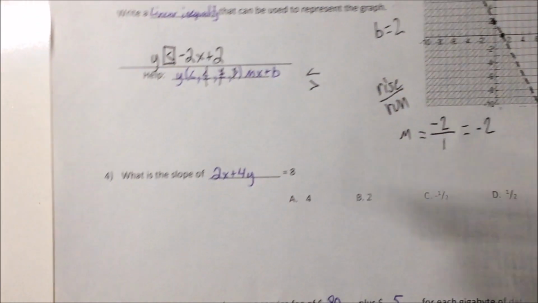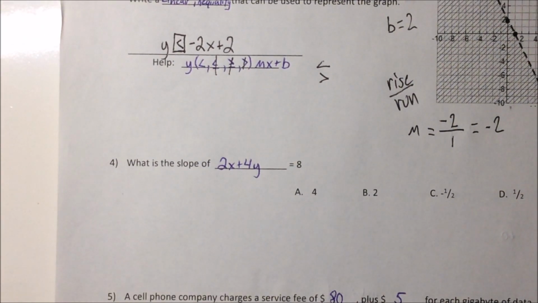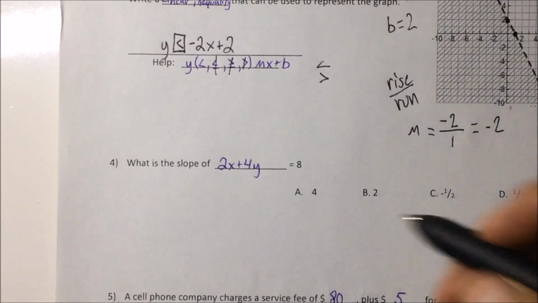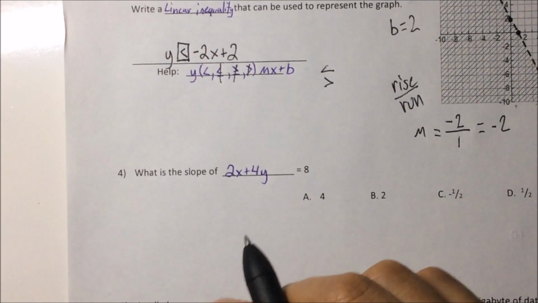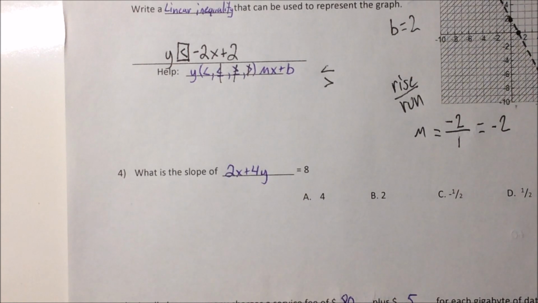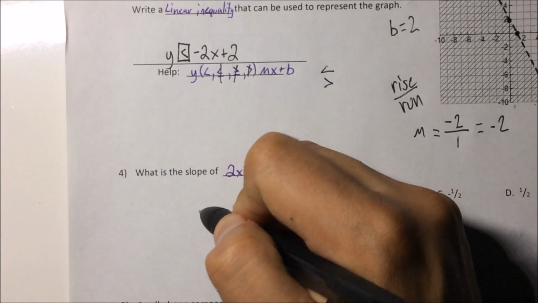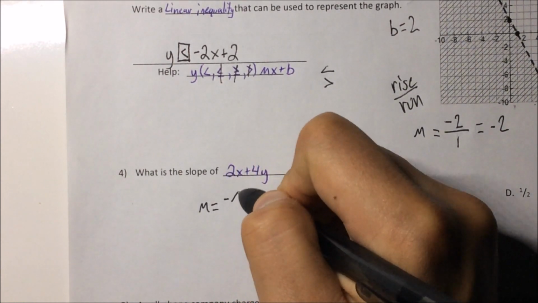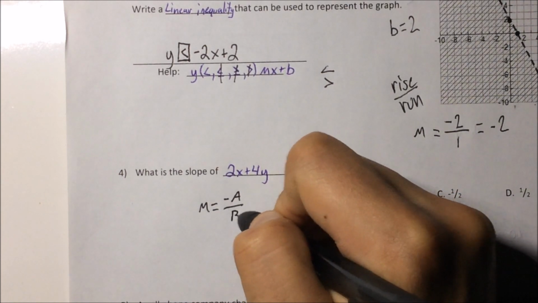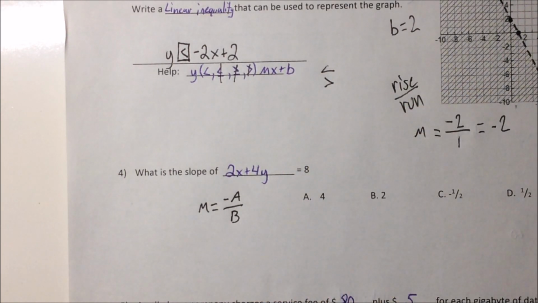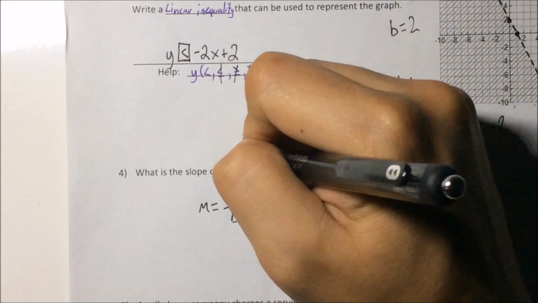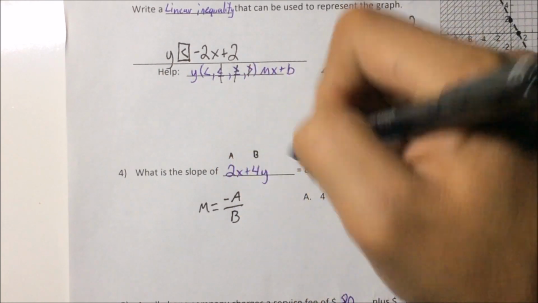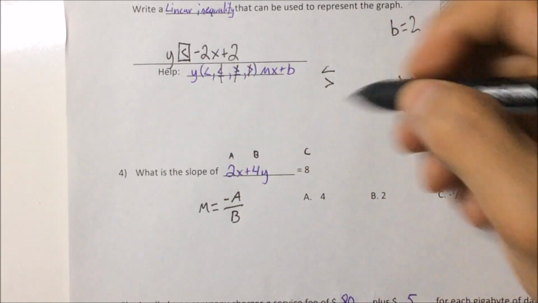So right here we have ax plus by is equal to c. Now there are one of two ways that we can solve this. You could know that the formula for a standard form equation to figure out the slope is m equals negative a over b, which means we would have to know that this is our a, this is our b, and this is our c.